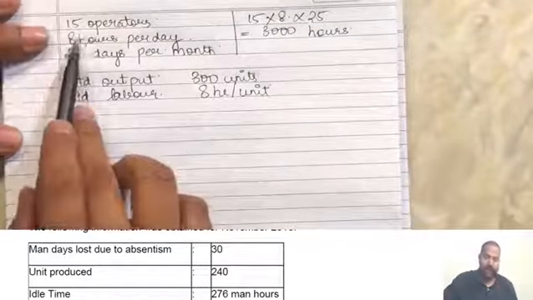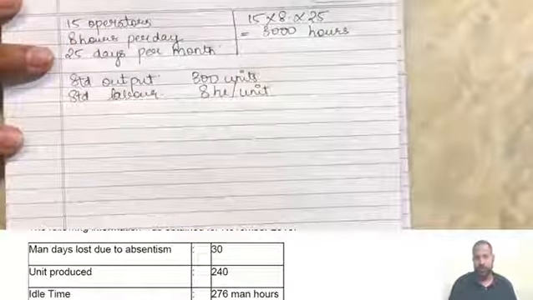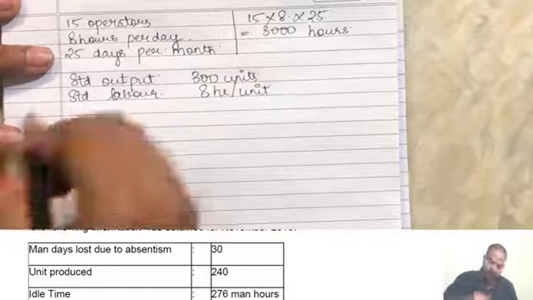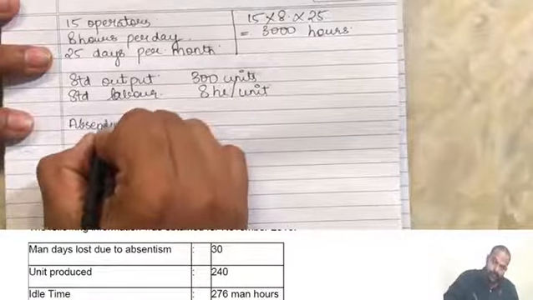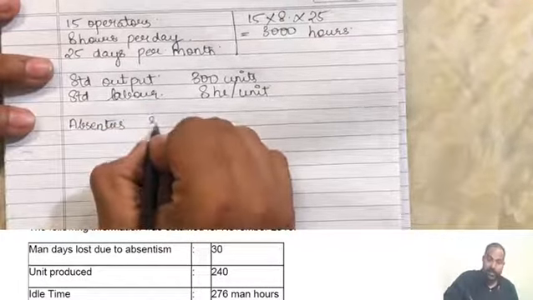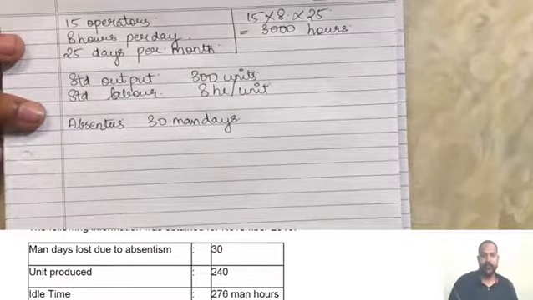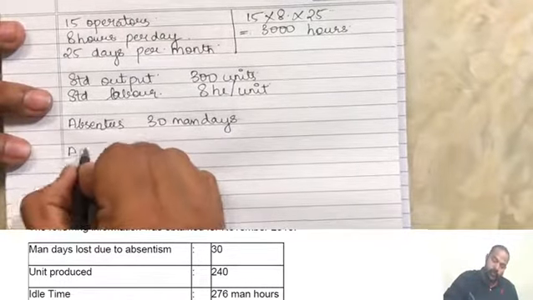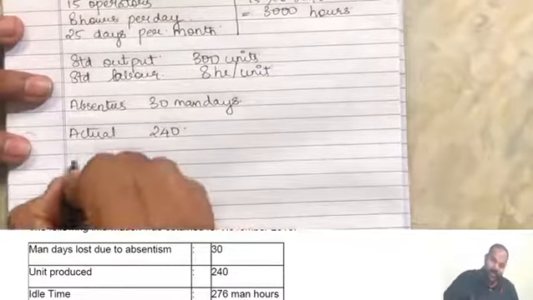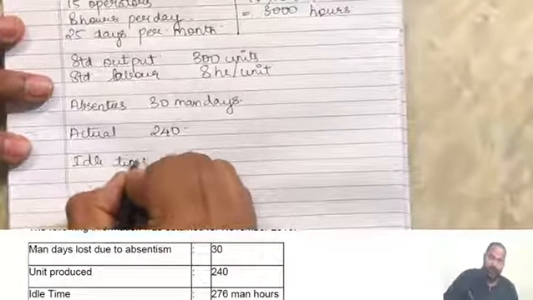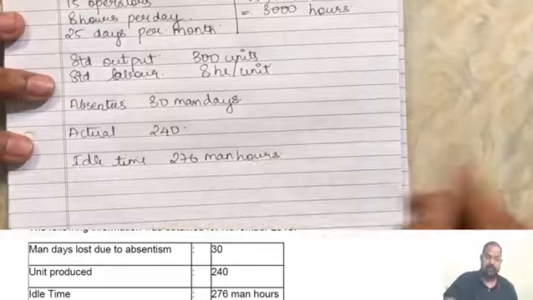Well, obviously all 15 people are not going to be present for all 25 days. Someday somebody is going to be absent. So due to absentees, I have lost 30 man days. Okay. The actual units produced is 240 and the idle time is 276 man hours.